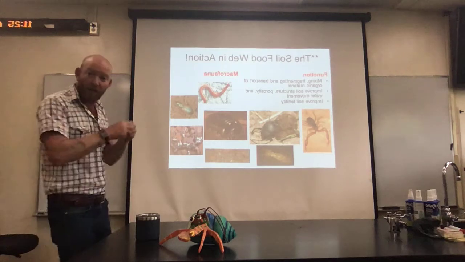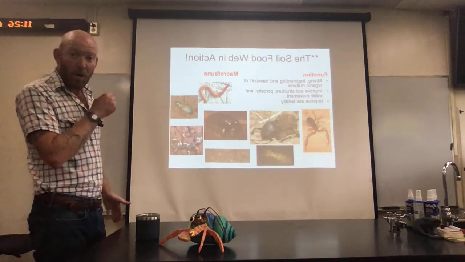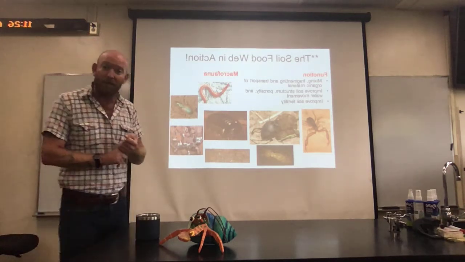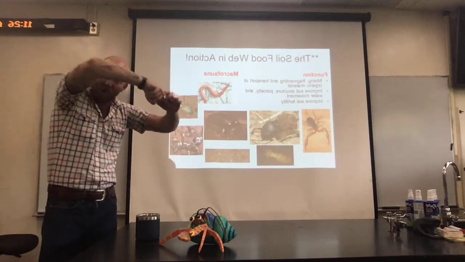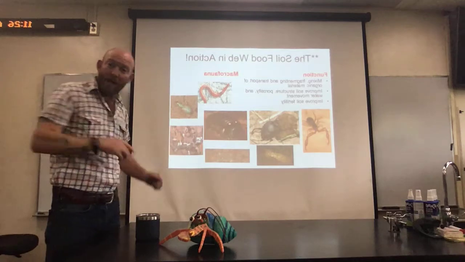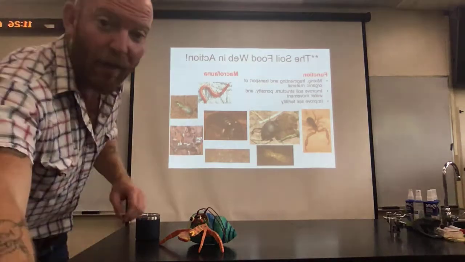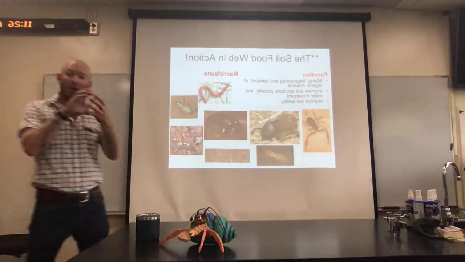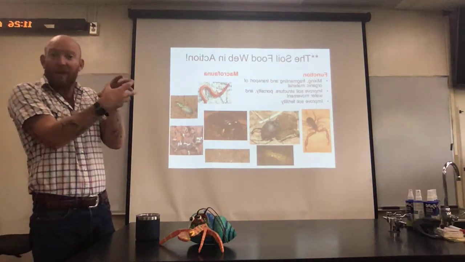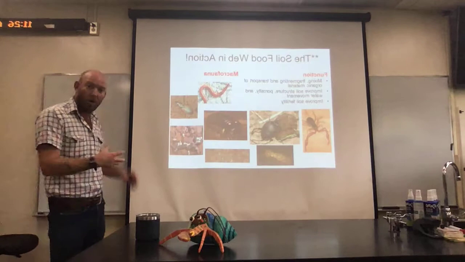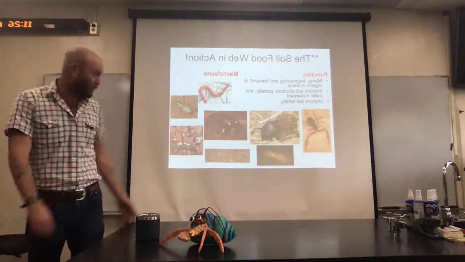It is producing castings, which are nice little aggregates in themselves, and they're also leaving little biofilms along their little pore ways, which serve as little mucigels, as little biological binding agents, which help physically stick together soil colloids and help aggregation.